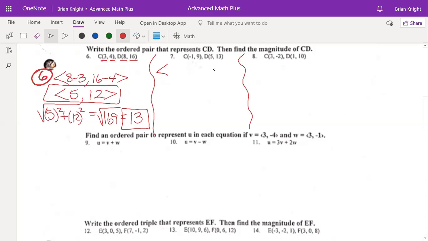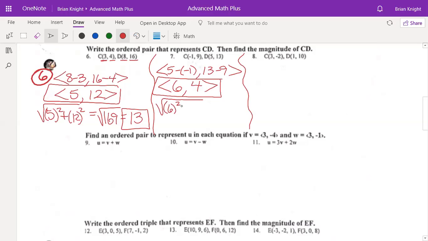So, C to D minus the C part. So 5 minus -1 and 13 minus 9. Add those up, 6 and 4. That would be your vector.